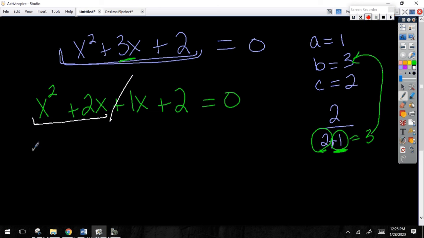If you take an x out of the first two only, what is left? An x plus 2. Keep the middle sign, and now look at the last two. What's the GCF there? 1, right? If it doesn't look like it has one, you can always take one out. What's left?